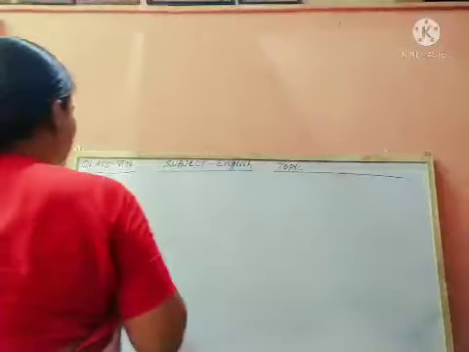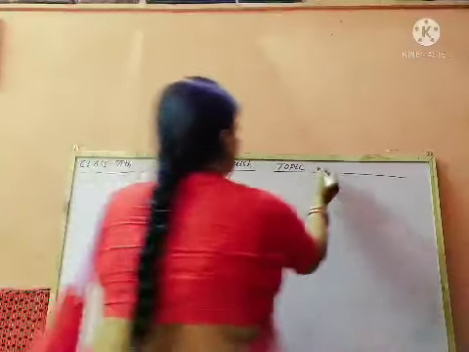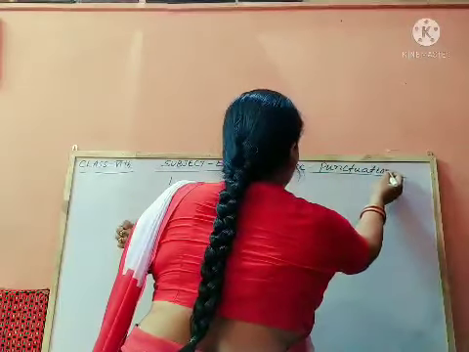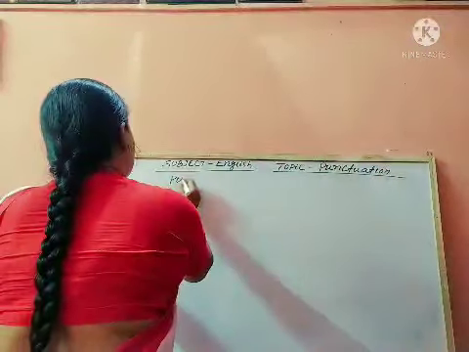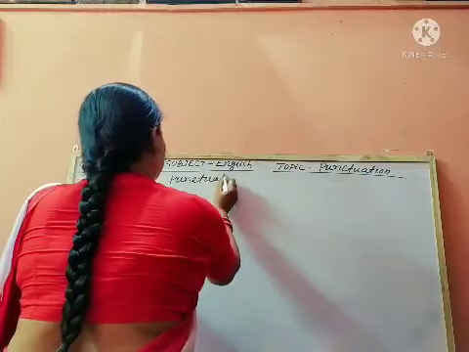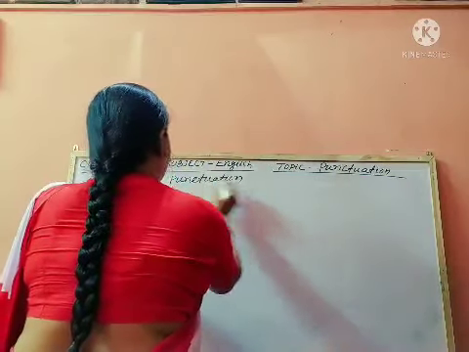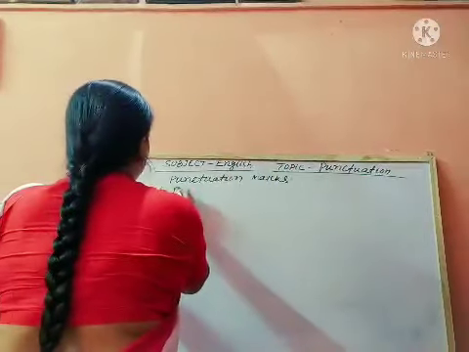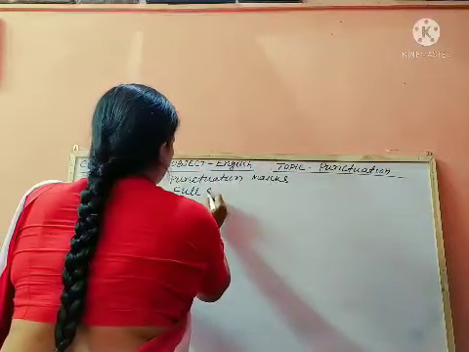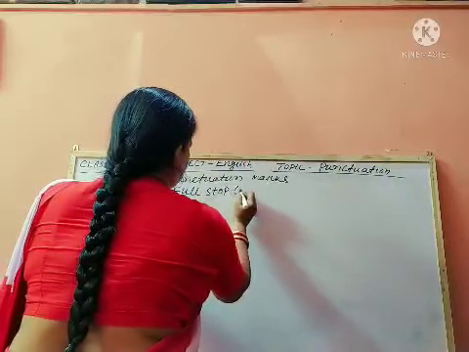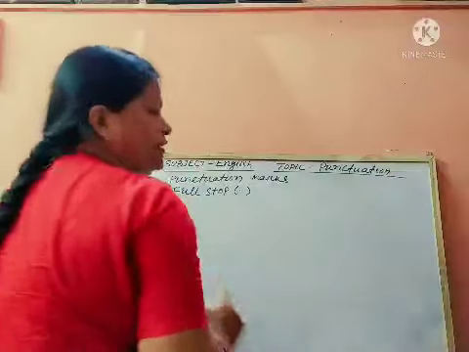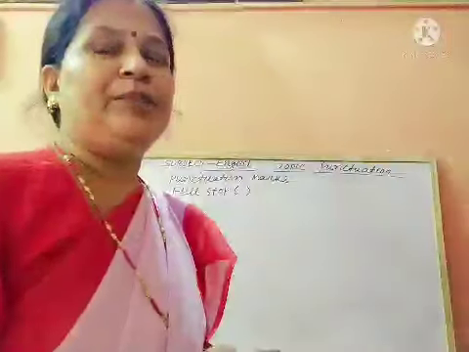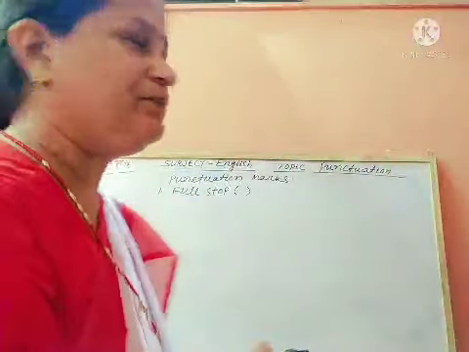Punctuation marks are: first, full stop. Full stop is a dot. Full stop is used at the end of every imperative and declarative sentence.